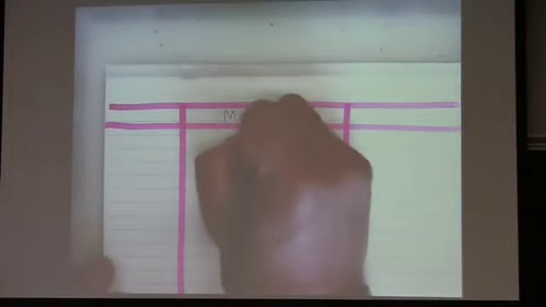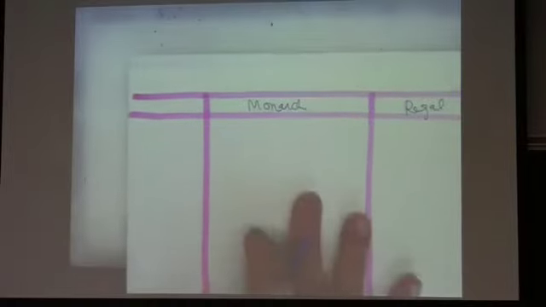Let me break this up into quadrants just to make life easier. And we're going to put Monarch here, Regal, and the various manufacturing overhead right here.